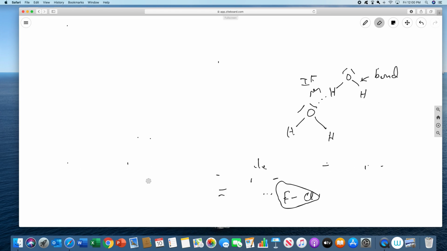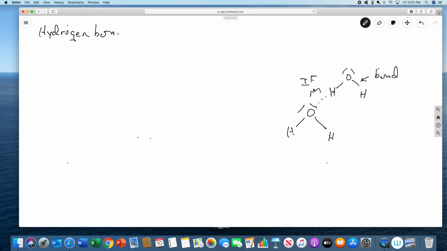A special case of a dipole-dipole is what's called a hydrogen bond. A hydrogen bond is a misnomer because it's not actually a bond. It's an intermolecular force.